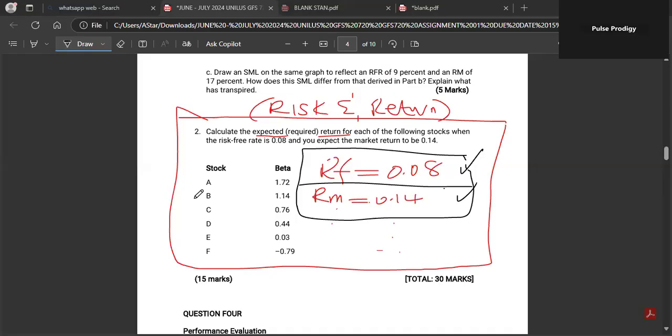I will just answer A and B. You have to answer four parts. This was 15 marks. So for A and B, then the rest I'll give you to try so that I can confirm what answers you are going to get.